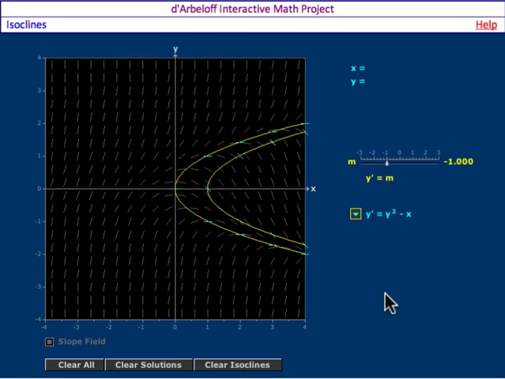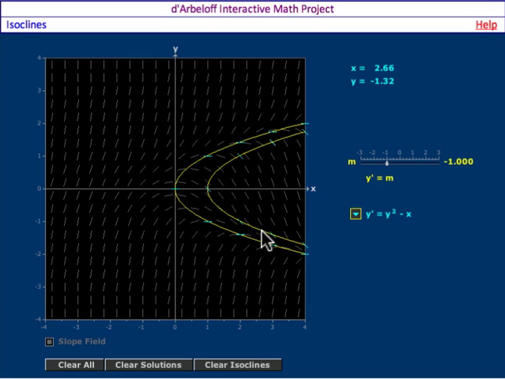Now, suppose that a solution finds itself below the m equals minus 1 isocline, so it's in here somewhere. Can it ever cross the m equals minus 1 isocline? Once it's below it, can it ever cross it? Well, if it crosses, it must cross it with a slope which is bigger than the slope of that yellow curve.